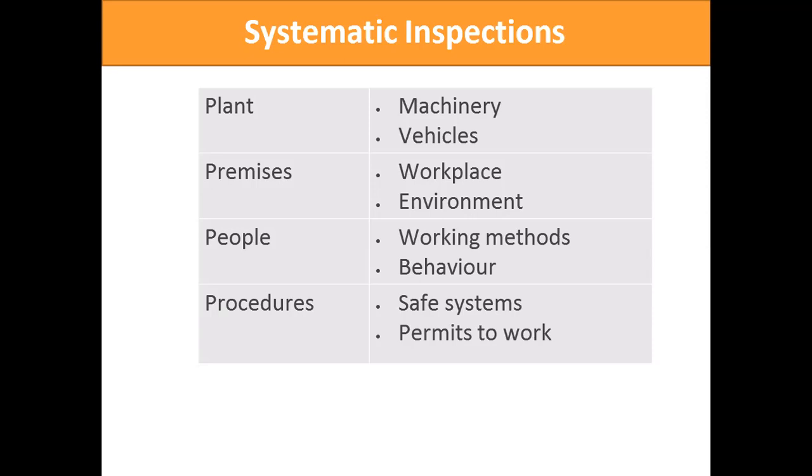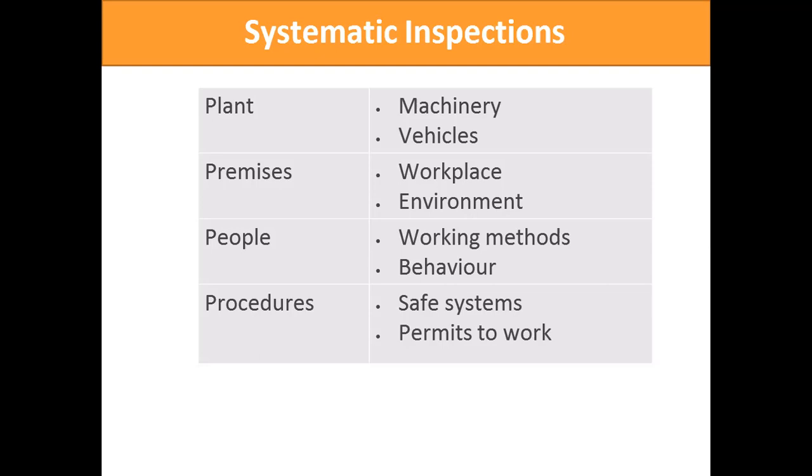Then premises: the workplace and the environment of the workplace, that we call the premises. We will check that. And people: we will check the method of work and the behavior of the workers. So in people, we will check their working methods and their behavior while doing the work.